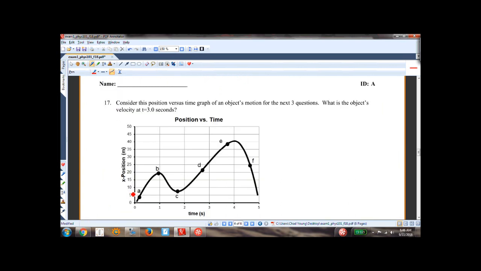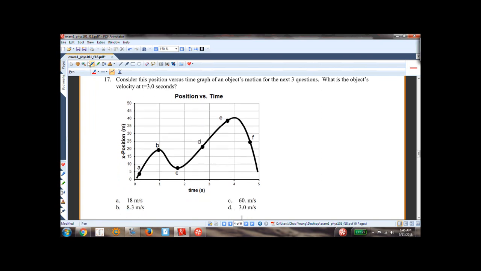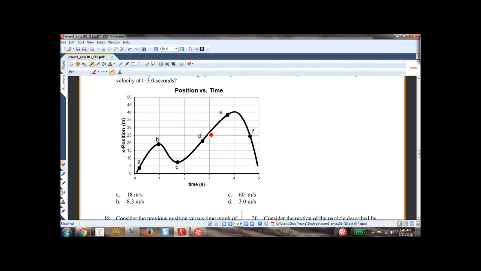And then this is a similar question, but notice this is a position versus time graph. And I'm looking for several questions about this graph. What is the object's velocity at t equals 3 seconds? That's right there. And so to find that, I'm going to draw a line that best fits that data. It'll look something like that. You might have drawn a slightly different line, but you would have gotten an answer that's very close to the one that I put.